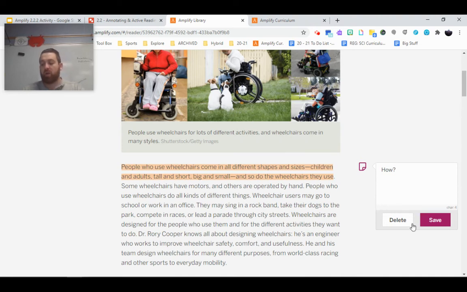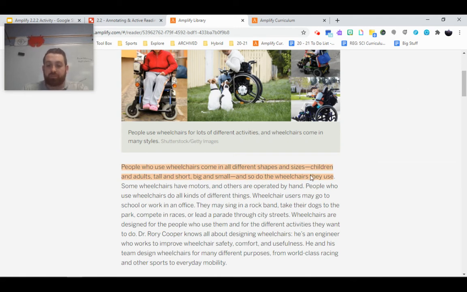So when we look at the question, we can dive a little deeper and say, how are the differences in designs helpful for all these different kinds of people?